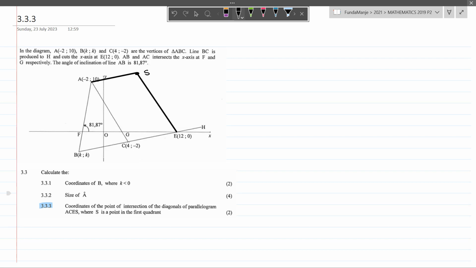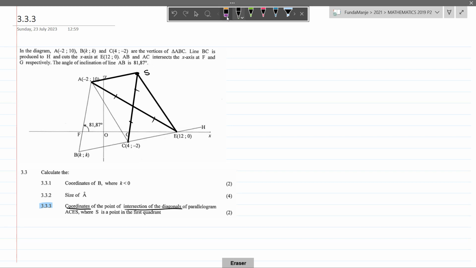Now the question is asking for us to get the coordinates of the intersection of diagonals. When diagonals intersect in a parallelogram, it's important to note that they bisect each other, which means that the length of this one will be equal to the length of that one.